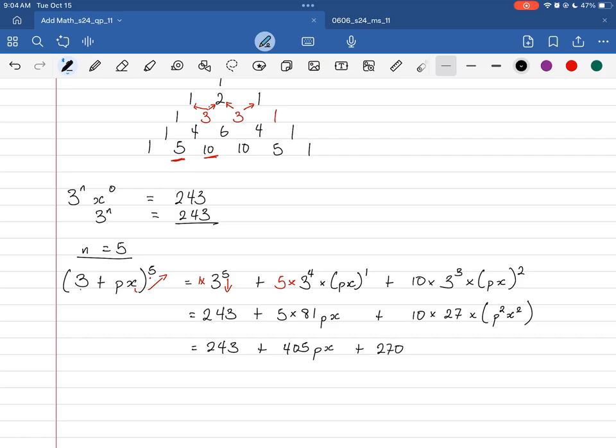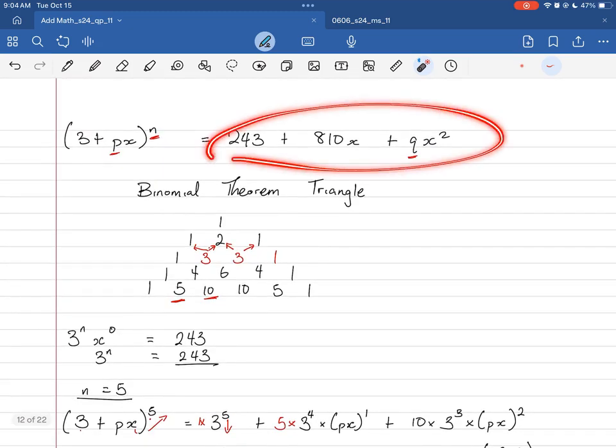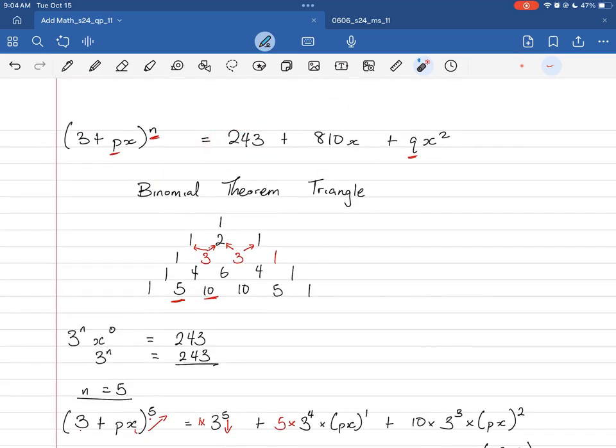Now we are going to compare this with the original values they give us, so we can find p and x, because we've already found n to be 5.